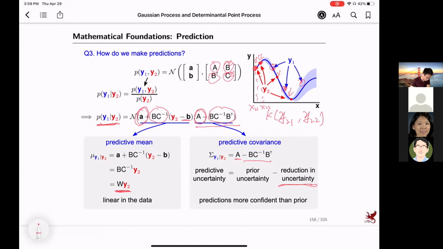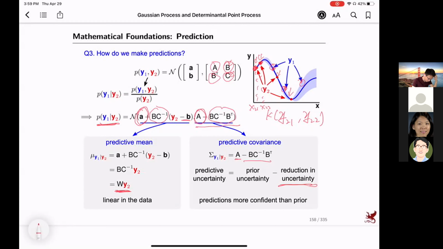Didn't you say B and C are already given as a prior? Yeah, this is a very good question. Let me think about it. But I think now I understand. For the predictive mean, we are trying to predict Y1, which we have never observed. We try to predict Y1 purely based on the nearby values we observed, and their covariance relationship to those observed variables.